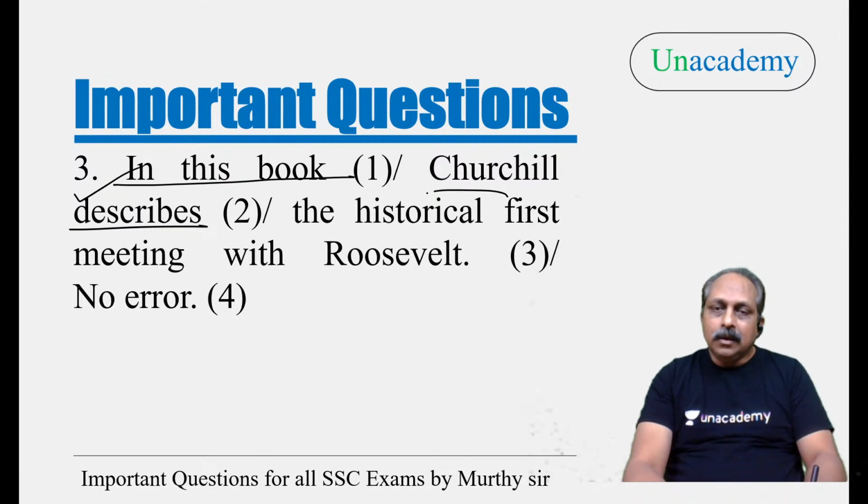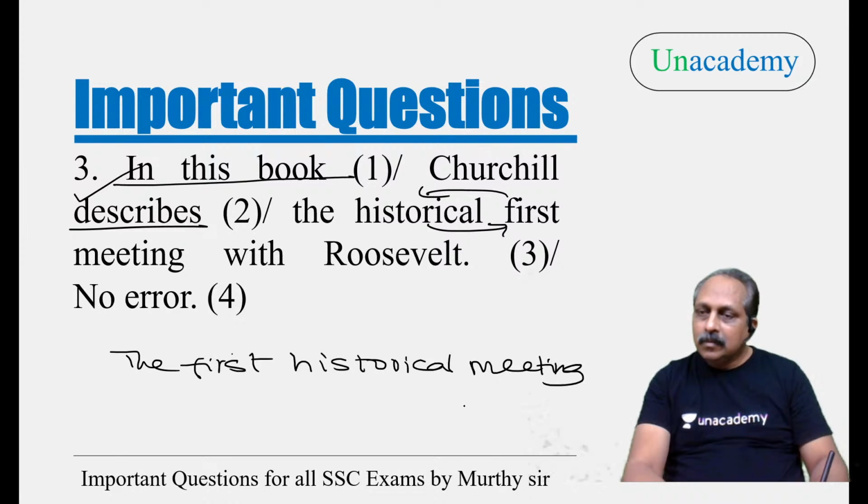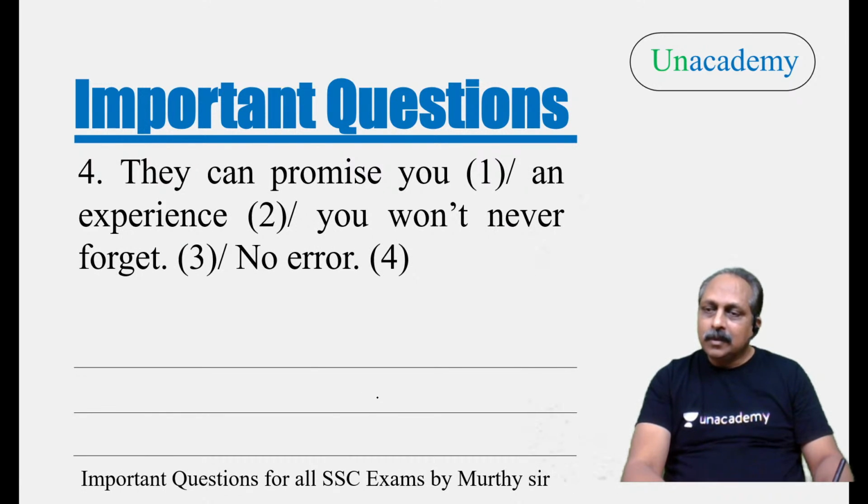We have to say the first historical meeting. The first historical meeting with Roosevelt. That is a correct sentence. You have to use historical meeting. Could be the first one, the second one, the third one. Absolutely no problem. Please go to question number 4.